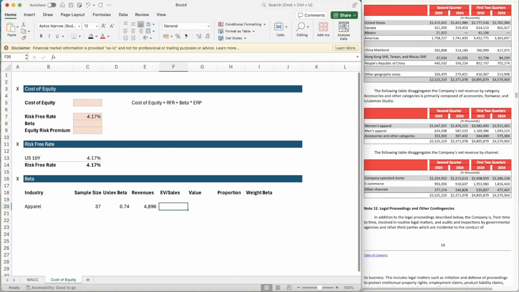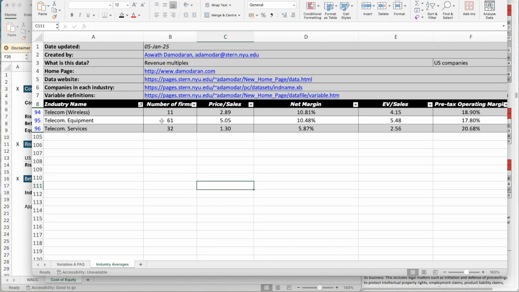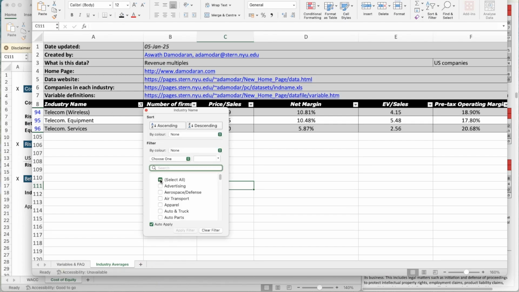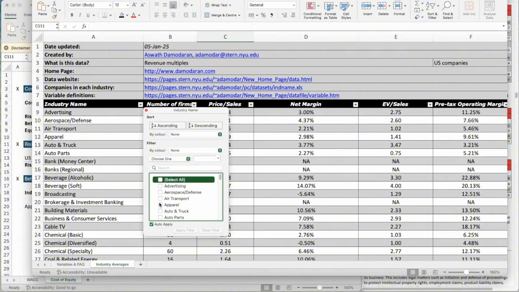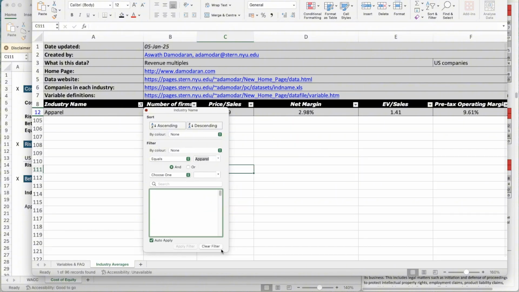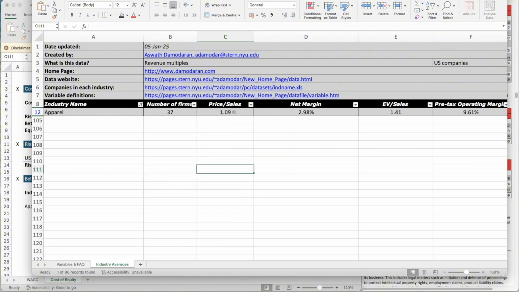We look on this spreadsheet. Select all, and we just want apparel. Okay, price to sales, we want EV to sales, 1.41.